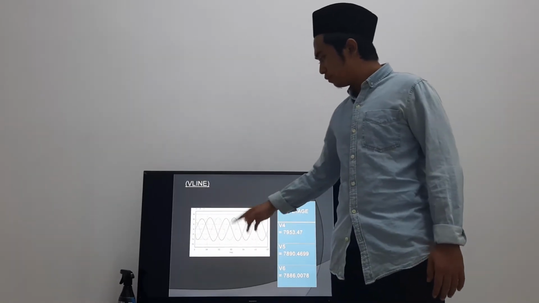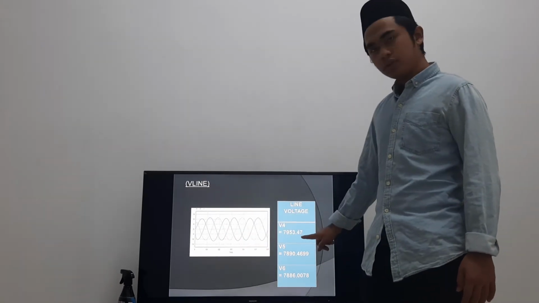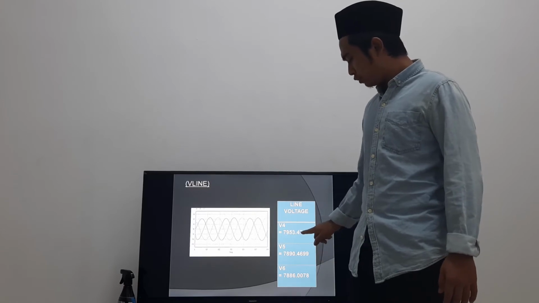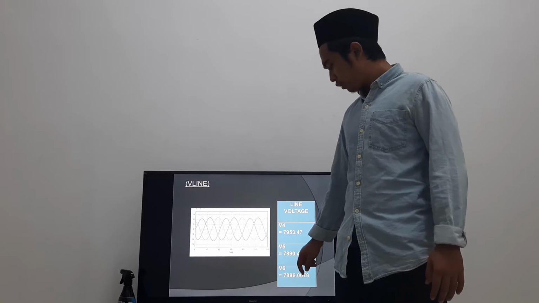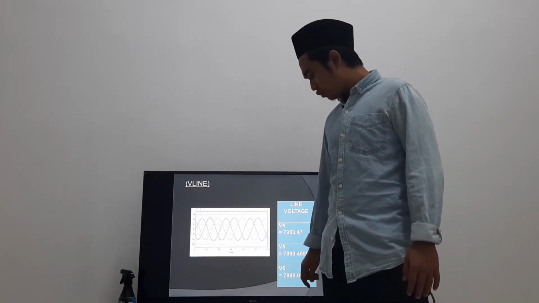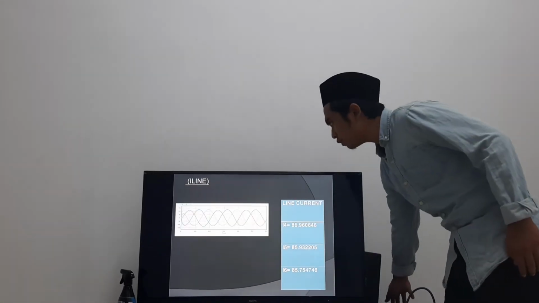This is the graph, and this is the simulation. 7953.47 for V4, 7894.4699 for V5, 7886.0078 for V6.